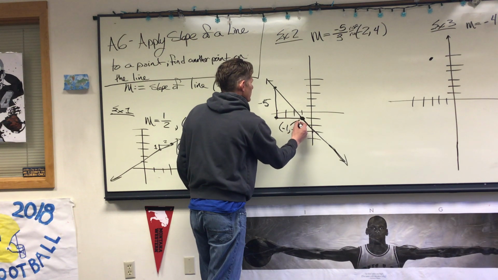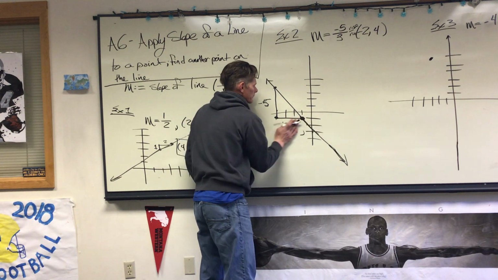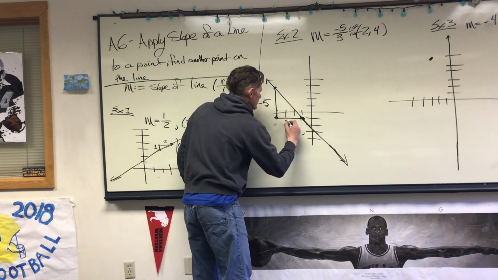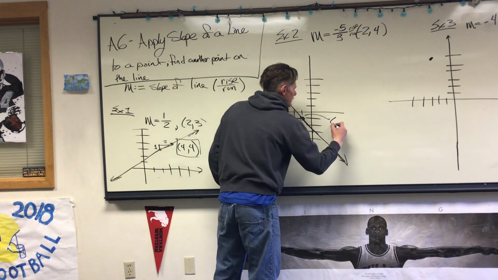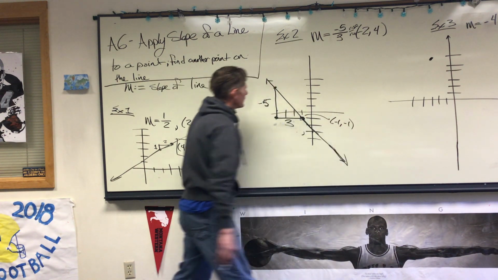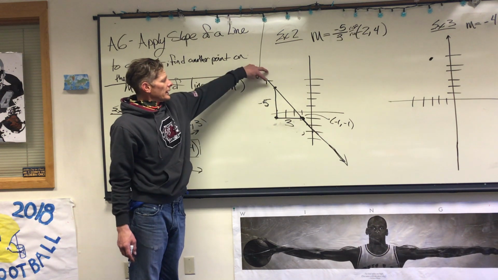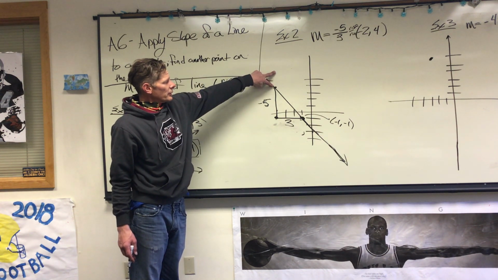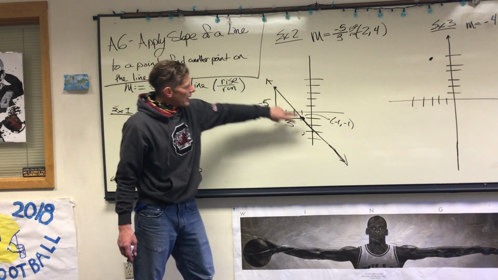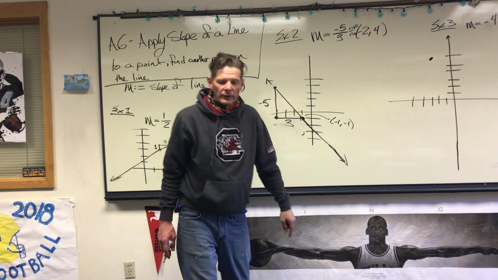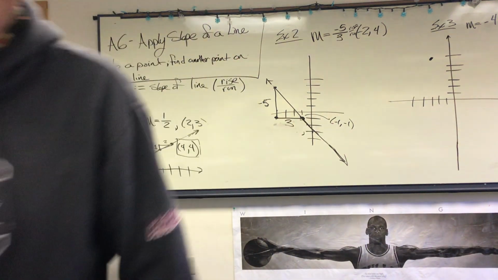That's this point right here. Let me move this so I can see the slope there, and this is -1, -1. So we knew that a line had a slope of -5/3, and when it went through the point -2, 4, we applied the slope and found that -1, -1 is also on the line.